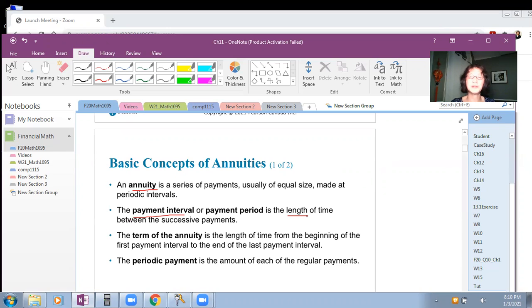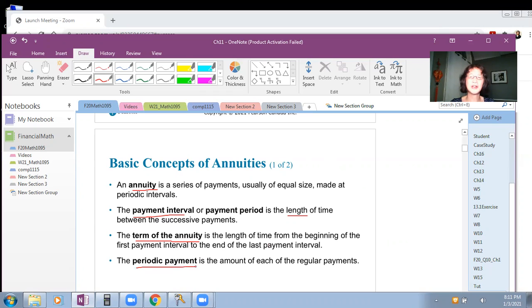For example, payment interval could be a month, a quarter, semi-annual, or annually. The term of annuity is the length of time from the beginning of the first payment interval to the end of the last payment interval.